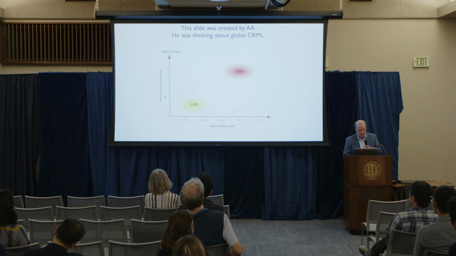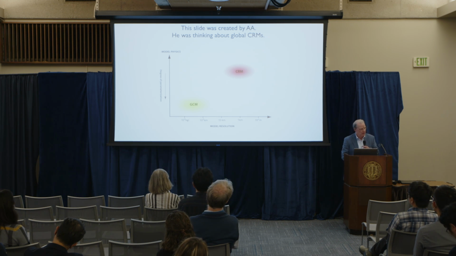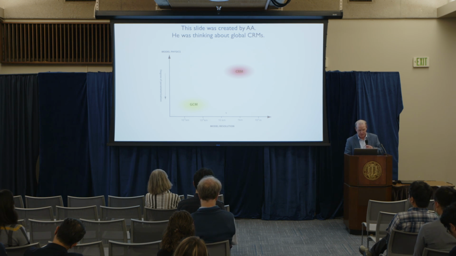So he made this little diagram in which the horizontal axis is model resolution. It's actually grid spacing. Okay, so here's extremely coarse 1,000 kilometer grid spacing. Here is a 100-meter grid spacing. This is similar to what Masaki was talking about this morning. The European Center operational model and the NCEP operational model are both somewhere around here now, getting finer by the year.